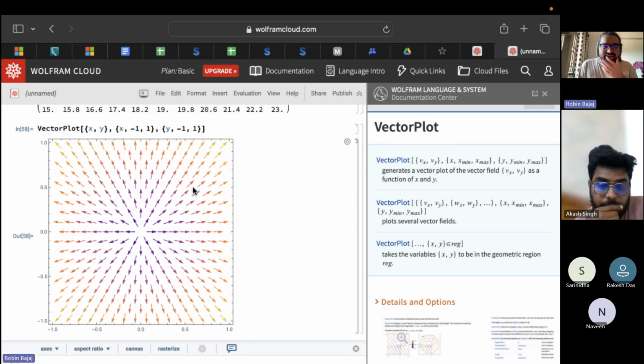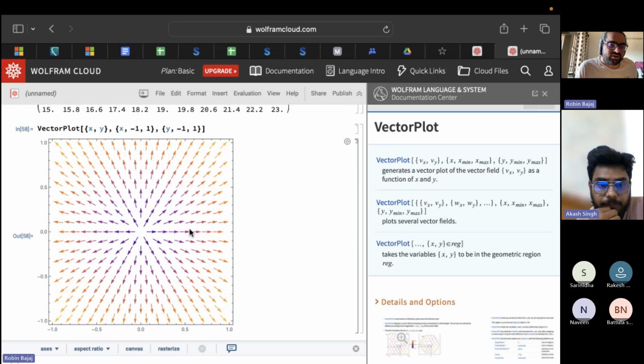Tell me what would be the curl of this? Will there be any curl? No, sir. Why? You can find the curl by taking the determinant del by del x, del by del y, del by del z. But in a simple way, you can't see anything which is curling around. Exactly.